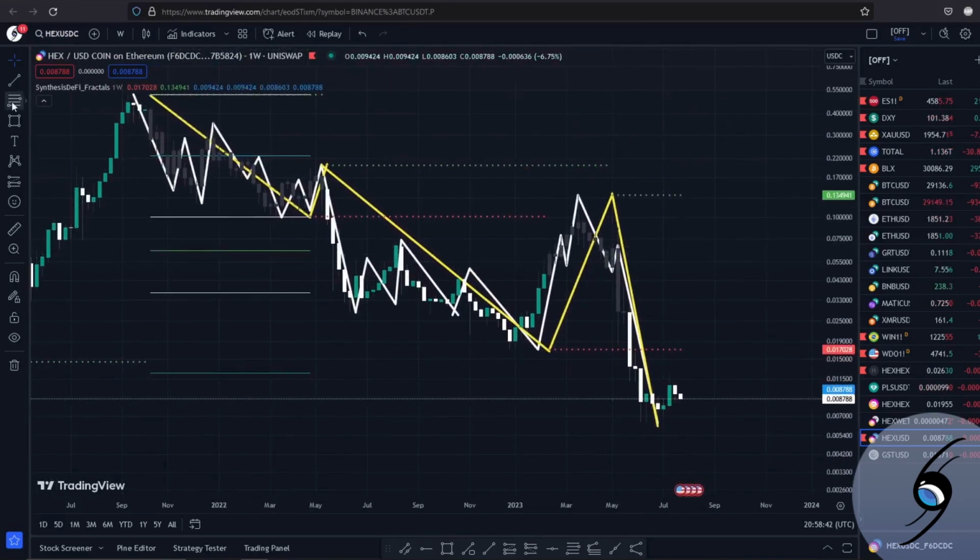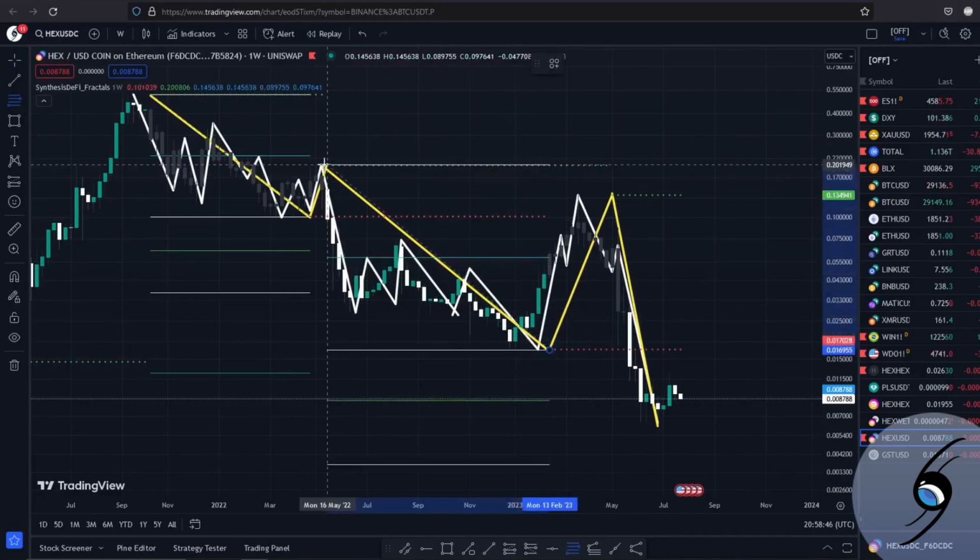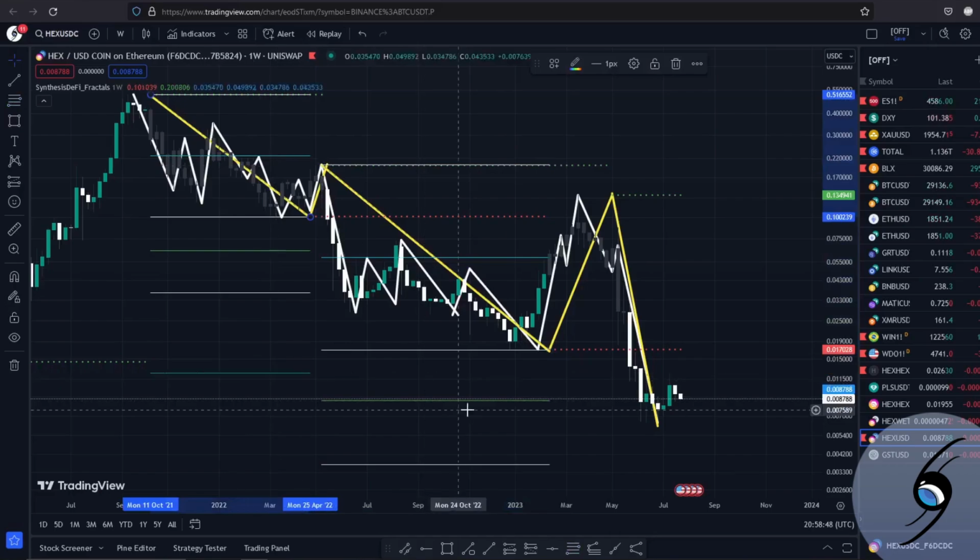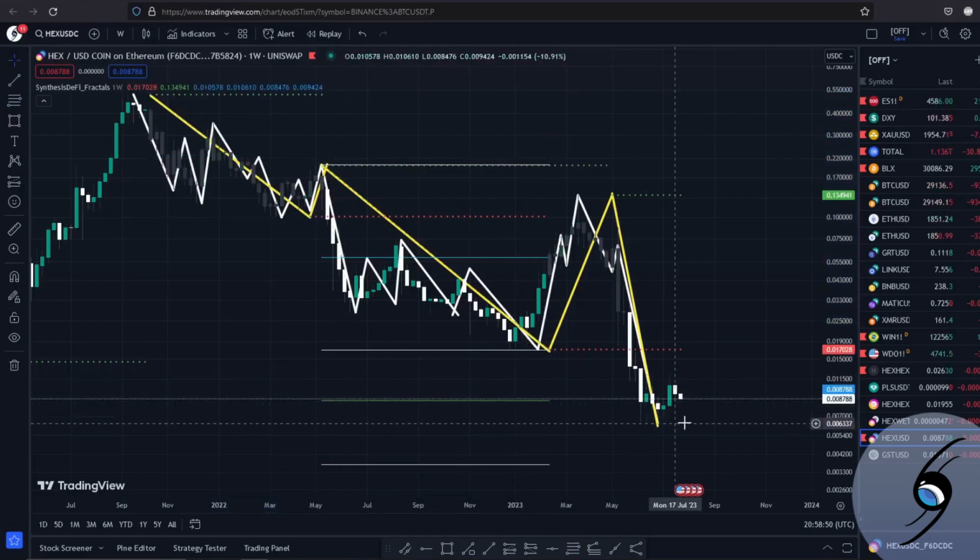In the second leg right here, you can see that we hit the first target level, which is the green line, like 4 weeks ago, right? And we have a ranging period exactly at this price level. This is important.